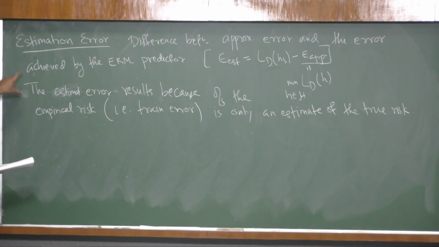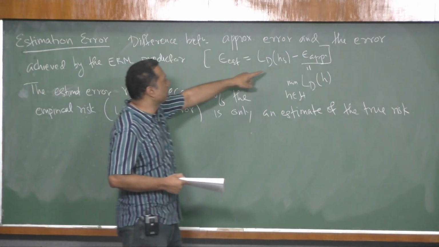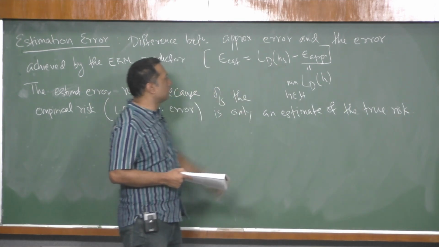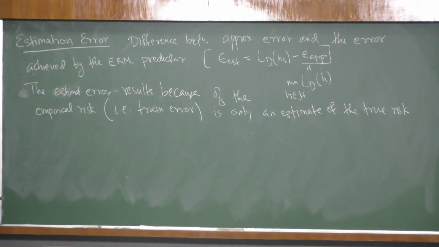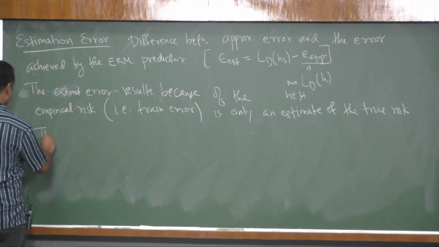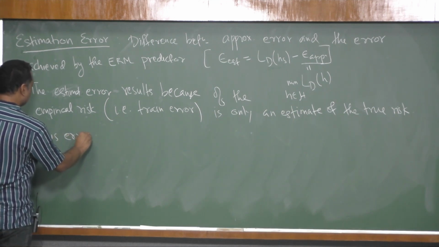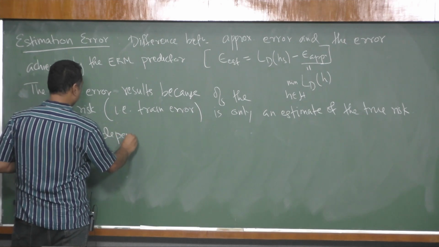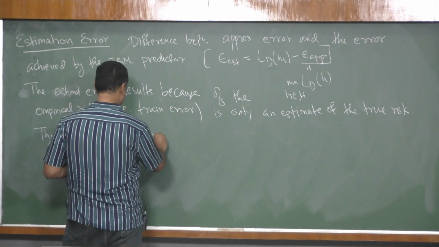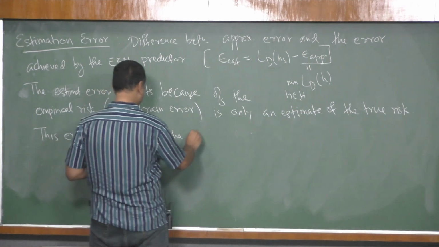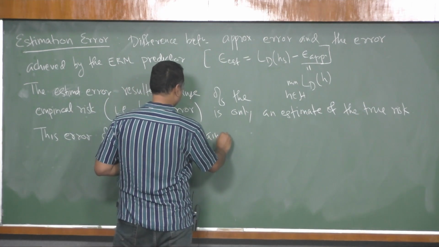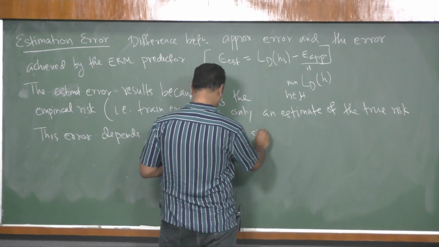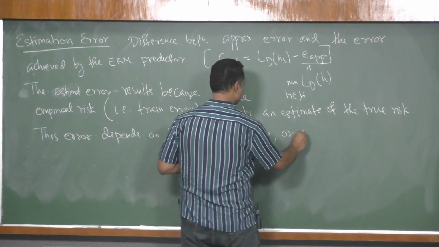In this case, estimation error does depend on the training process, meaning it also depends on the sample, because h_S depends on the sample. Based on the sample, I am finding the best fit. So this error depends on the training set size or complexity.